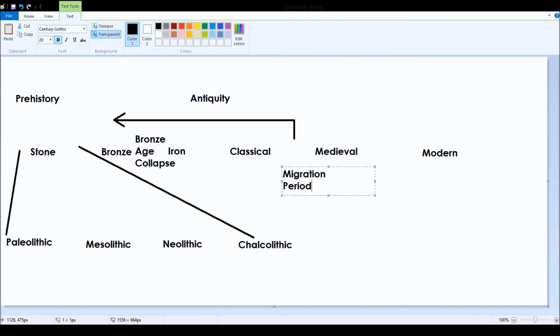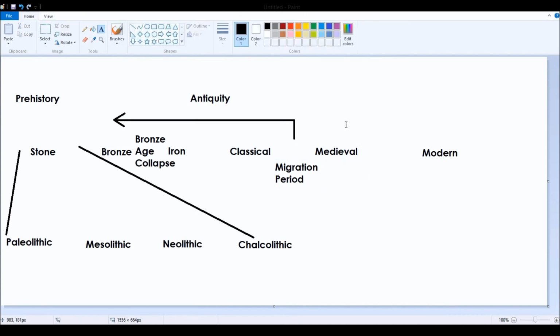And for those of you who don't know, the migration period essentially is a period in European history where there was a lot of population movements, where many Germanic tribes crossed the Rhine, or they crossed the Danube and settled in areas that previously were ruled by Latin-speaking populations.